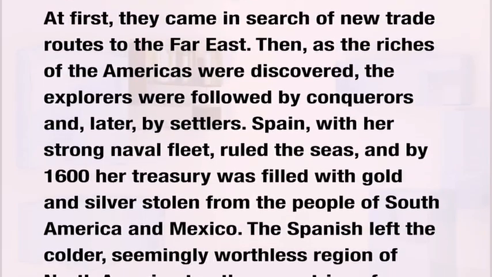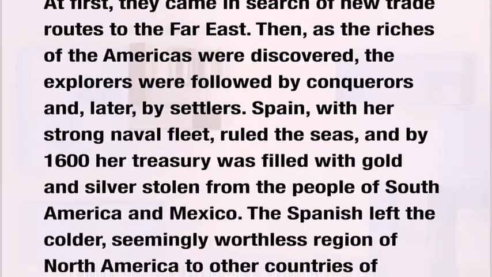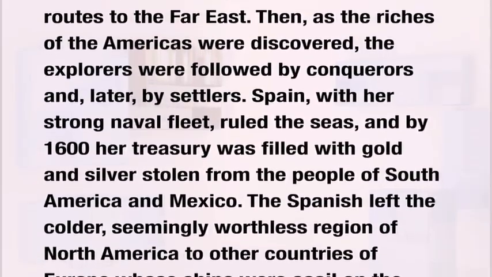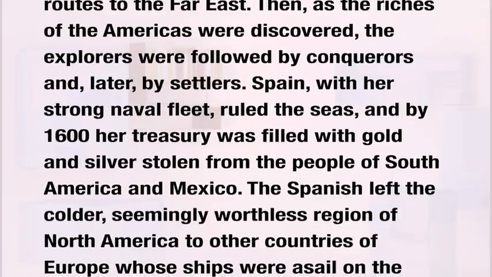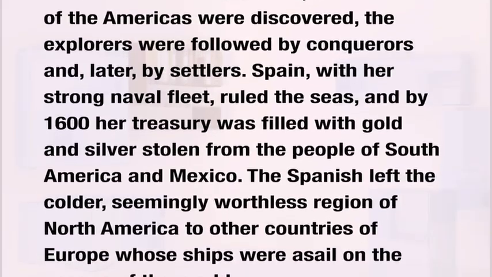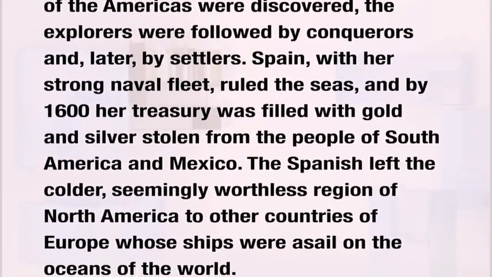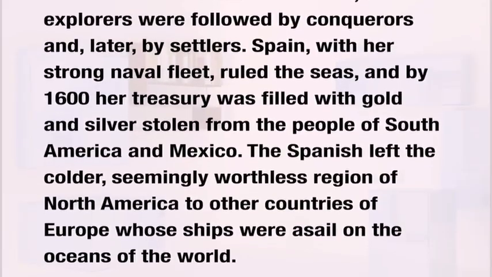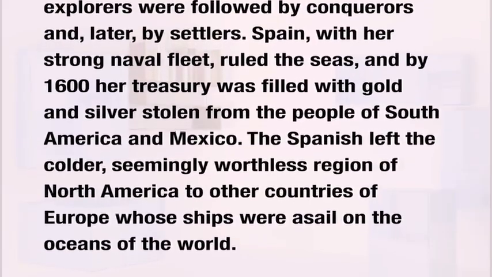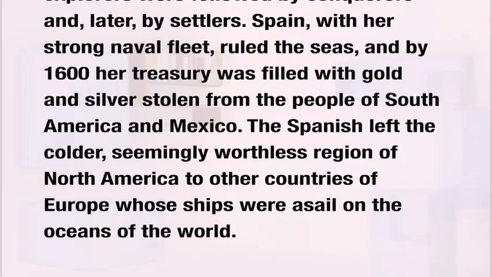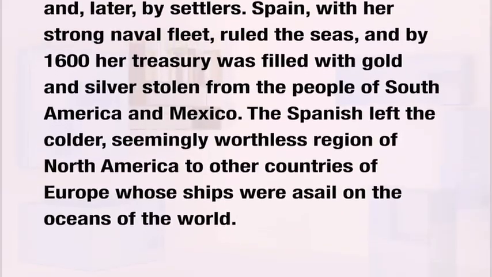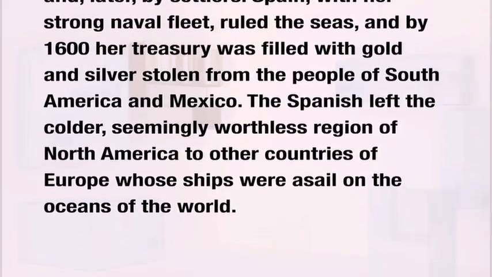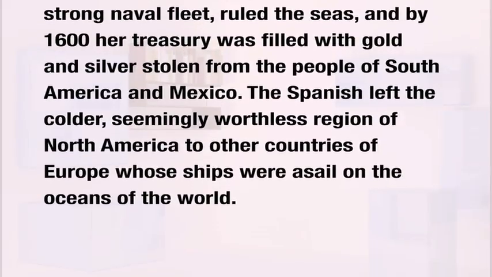Spain, with a strong naval fleet, ruled the seas, and by 1600, her treasury was filled with gold and silver stolen from the people of South America and Mexico. The Spanish left the colder, seemingly worthless region of North America to other countries of Europe, whose ships were assailed on the oceans of the world.